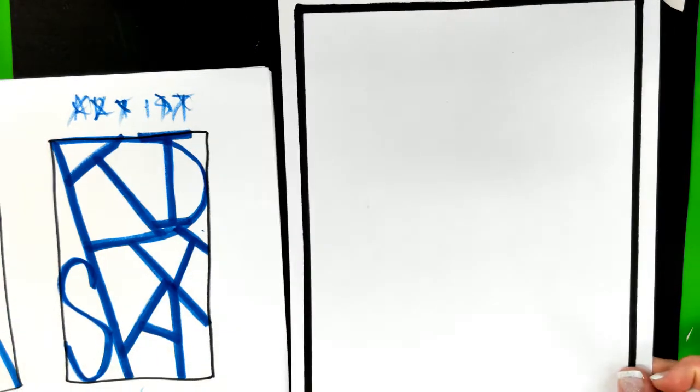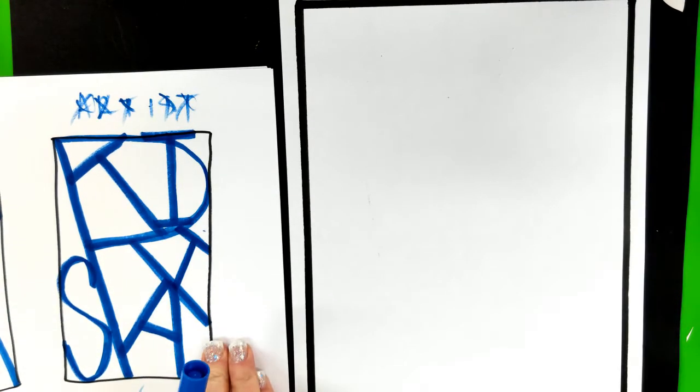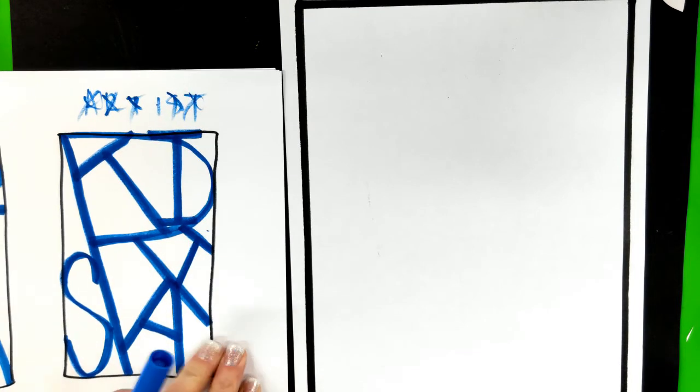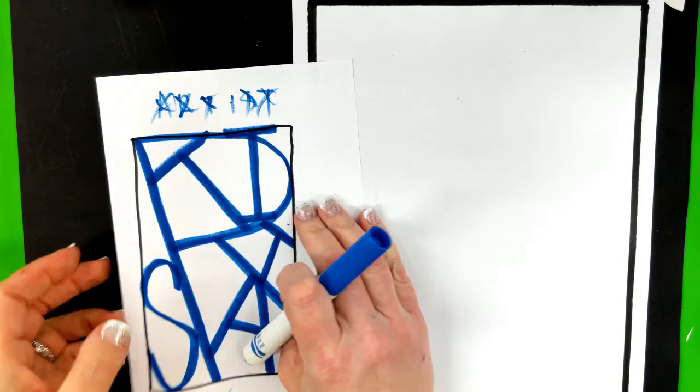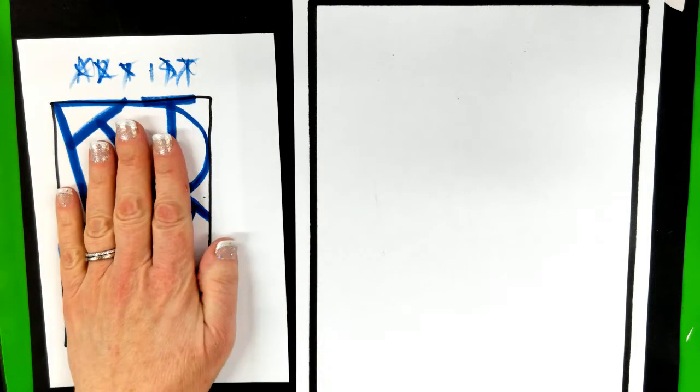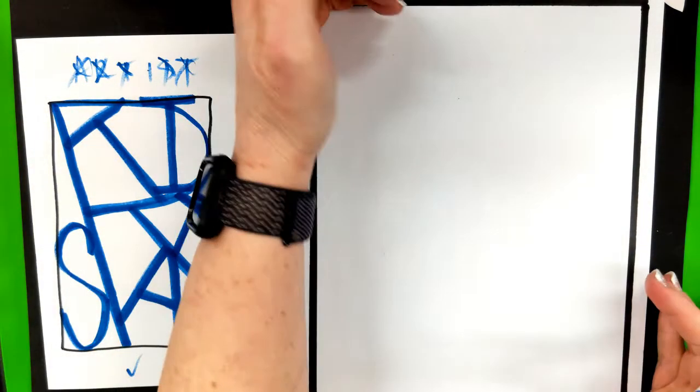I'm going to fold this sheet over so I've got a little more workspace, but you can still see what I'm doing. I'm going to take this design and enlarge it onto this sheet. So with that being said, I'm just going to start.